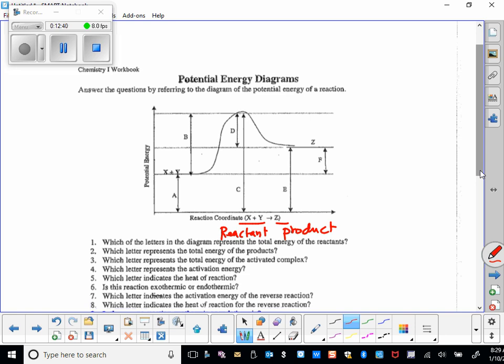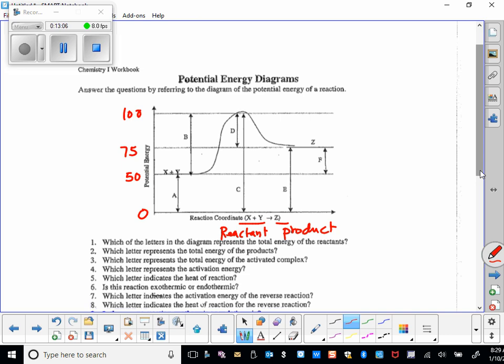I want to do it using numbers. I'm going to call this 0. I'm going to call this 50. I'm going to call this 75. I'm going to call this 100. Write the numbers down also. We're going to use alphabets and numbers to answer the question. Is that clear?